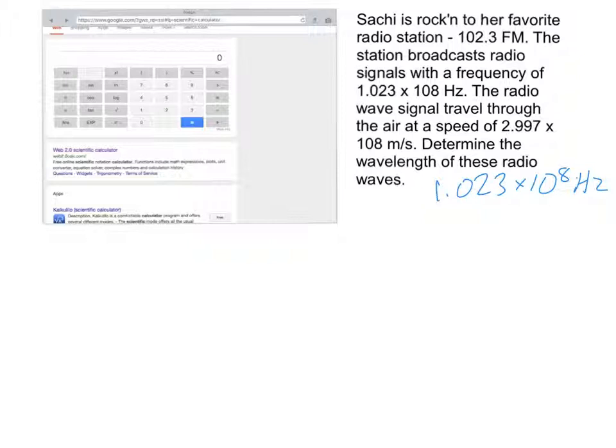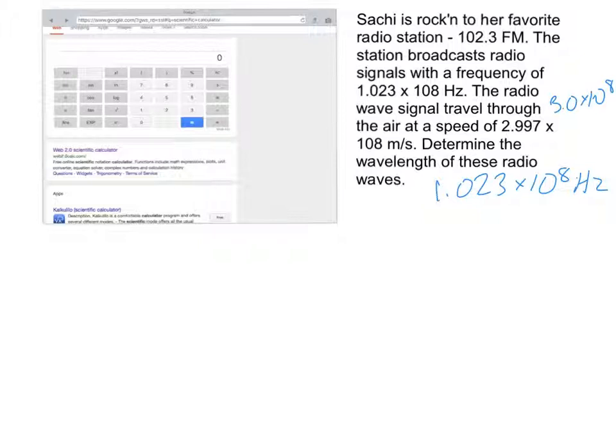The radio wave signal travels through the air at a speed of 2.99 times 10 to the 8th meters per second, which for our class we're going to call 3.0 times 10 to the 8th. Determine the wavelength of these radio waves.